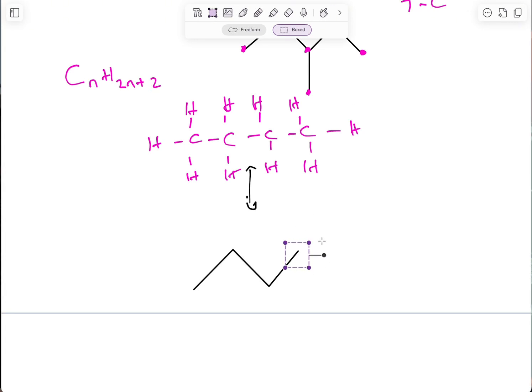When I remove this particular carbon, I want to attach it to this place. By the way, that's the only option I have to attach it. I cannot attach it anywhere else. If I attach it to this place, then I have produced a different structure. And this is what it will look like.